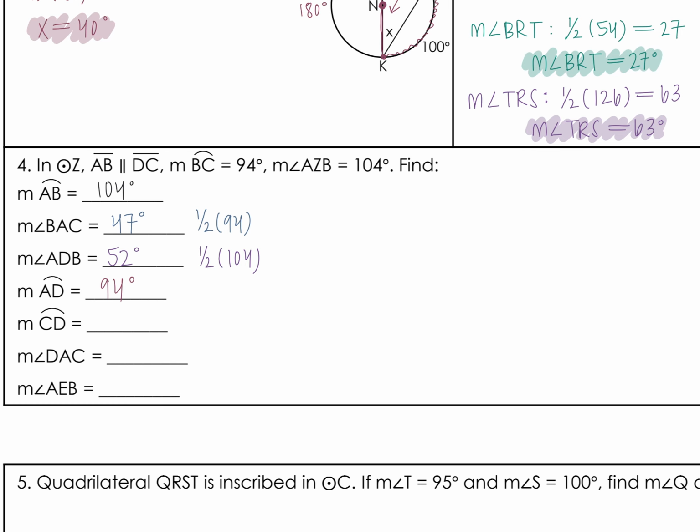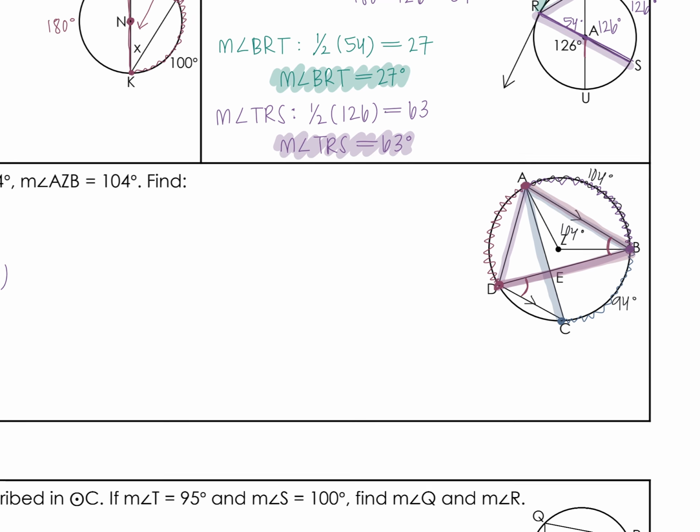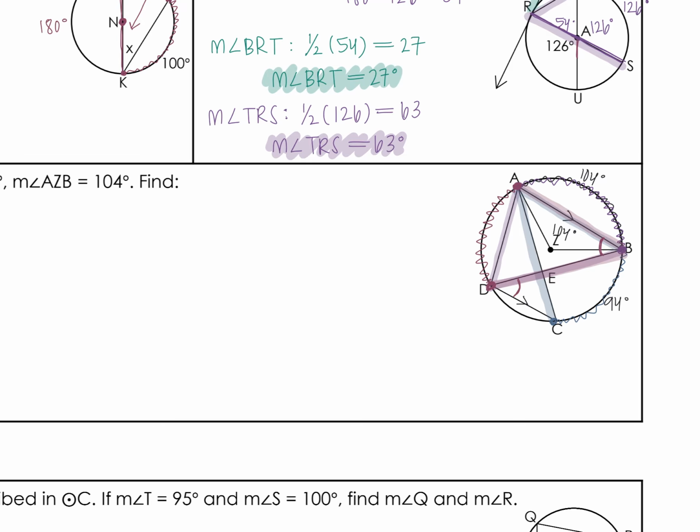Then to find the measure of arc CD. For arc CD, we pretty much have the entire circle, because remember over here we said this was 94 degrees.